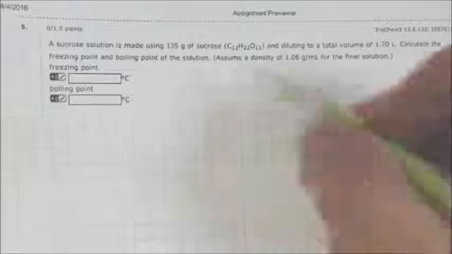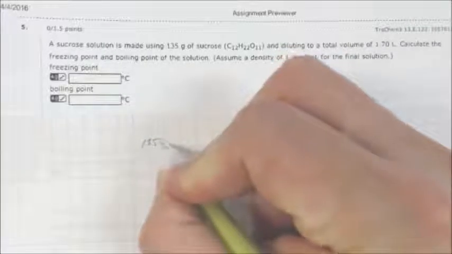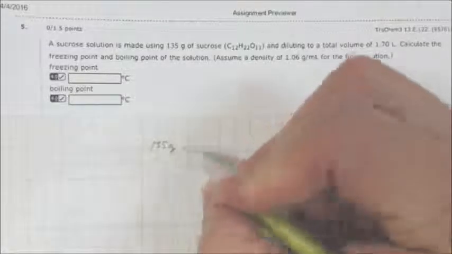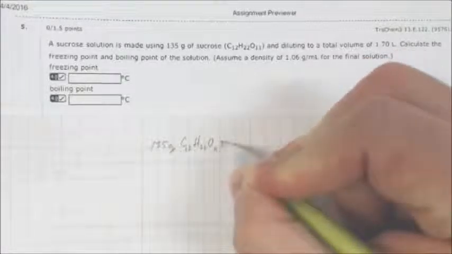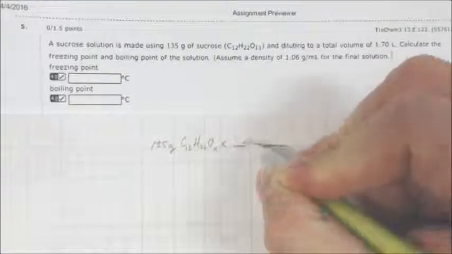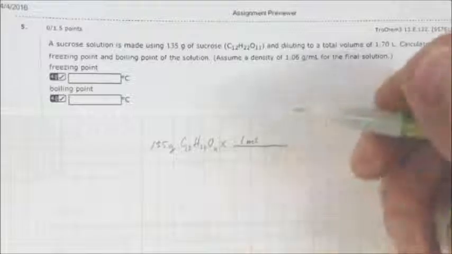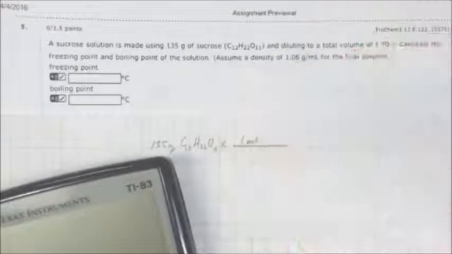So we're going to start by converting the 135 grams right here to moles. So 135 grams of NaOH. No, I'm sorry, of C12H22O11. And we're going to convert that using the molar mass of C12H22O11.